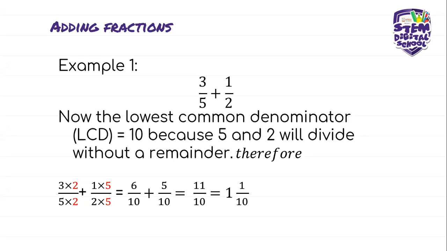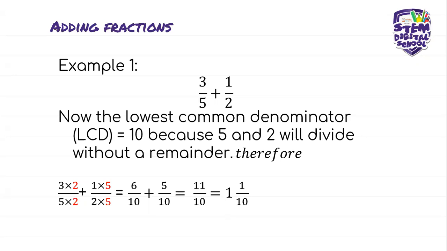The reason why I'm stating that is that sometimes learners just multiply 2 and 5 to get the lowest common denominator. I'm just saying that it's not always the case that when you multiply the denominators, you will get the lowest common denominator. You will, of course, get a common denominator, but it may not necessarily be the lowest.